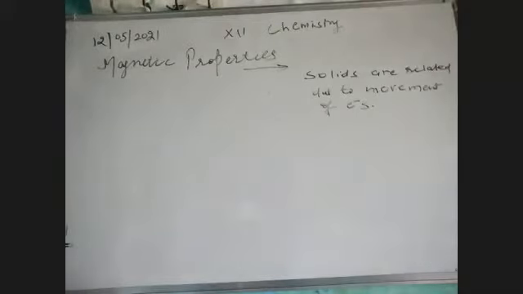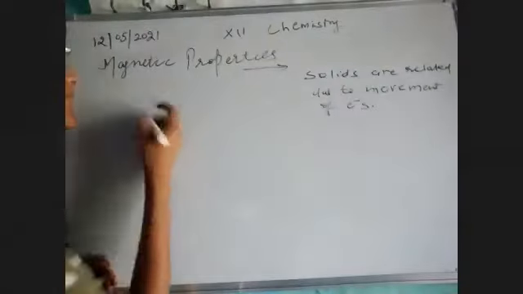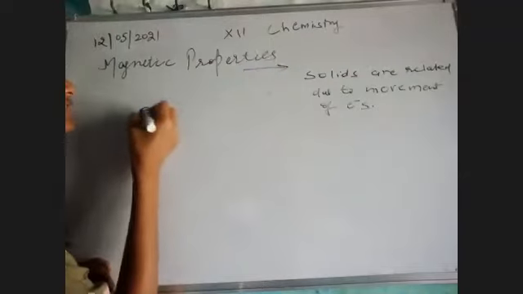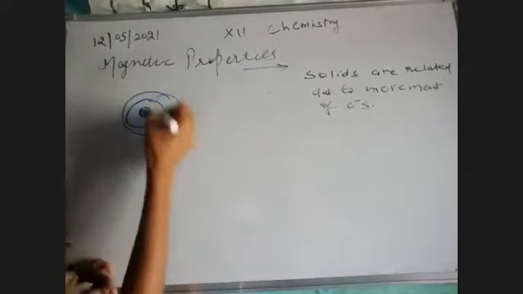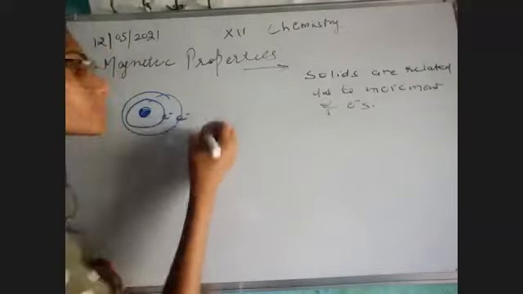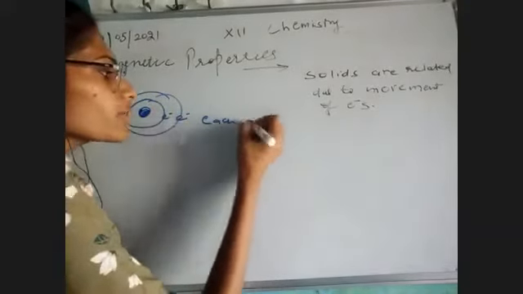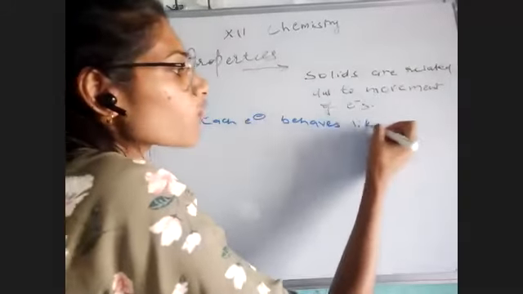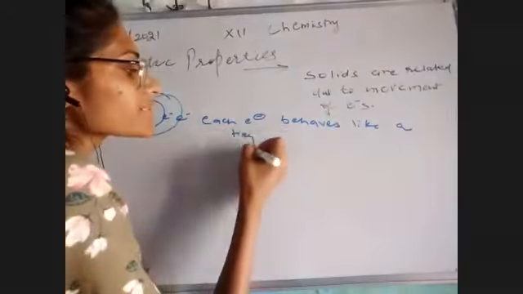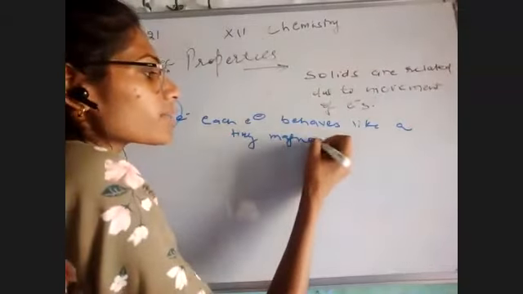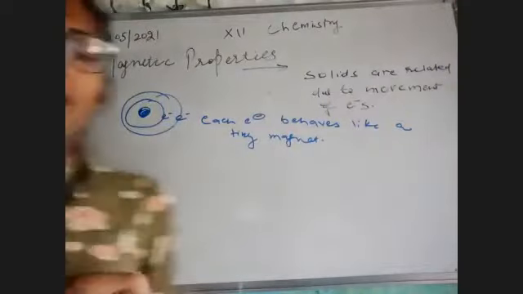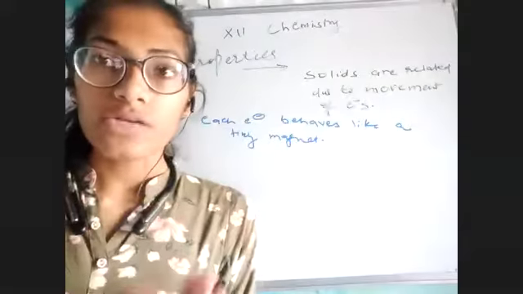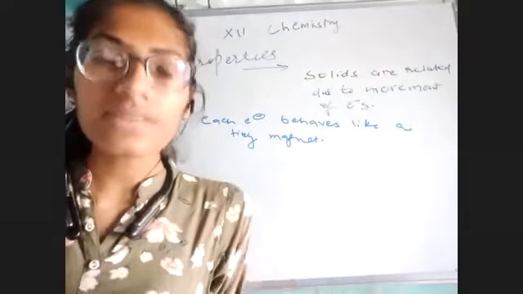Each electron, whenever it is revolving around the nucleus of the atom, behaves like a magnet. Suppose this is our nucleus and electrons are revolving. Each electron behaves like a tiny magnet, and the reason behind this is the movement. We can understand the movement of electrons just like the earth revolving.